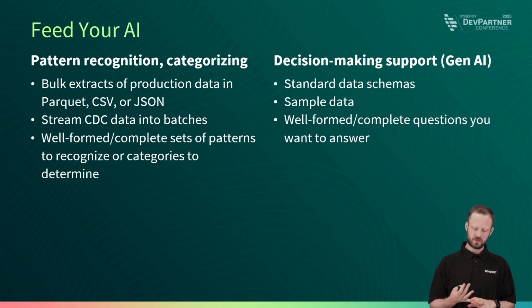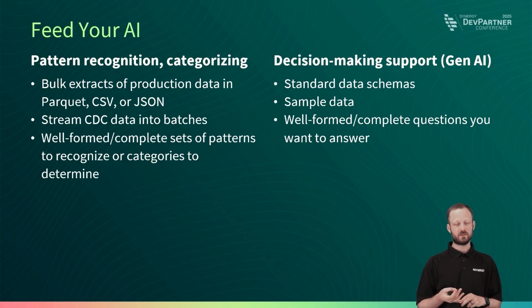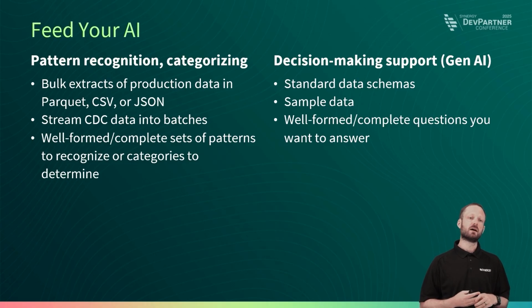The other option is you can stream the change data capture data. So that is the ongoing data that is happening in your environment. So every time there's a change, you get another record that says this change happened. That's different than a bulk extract.